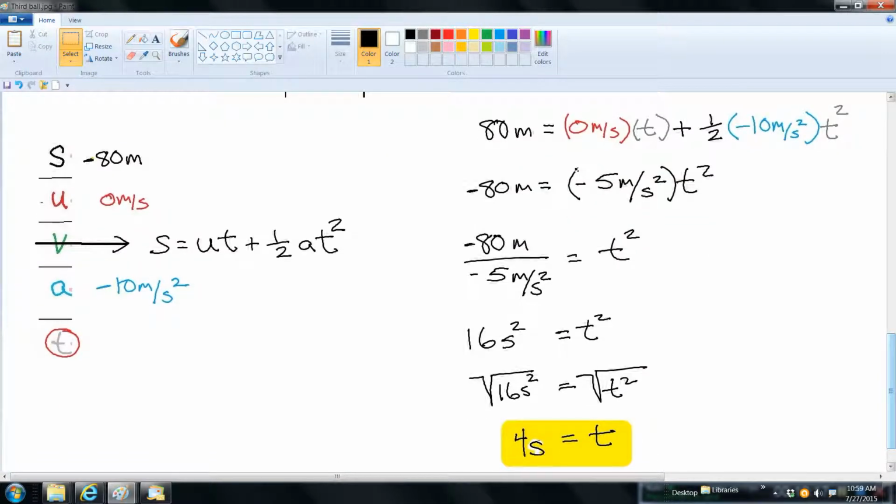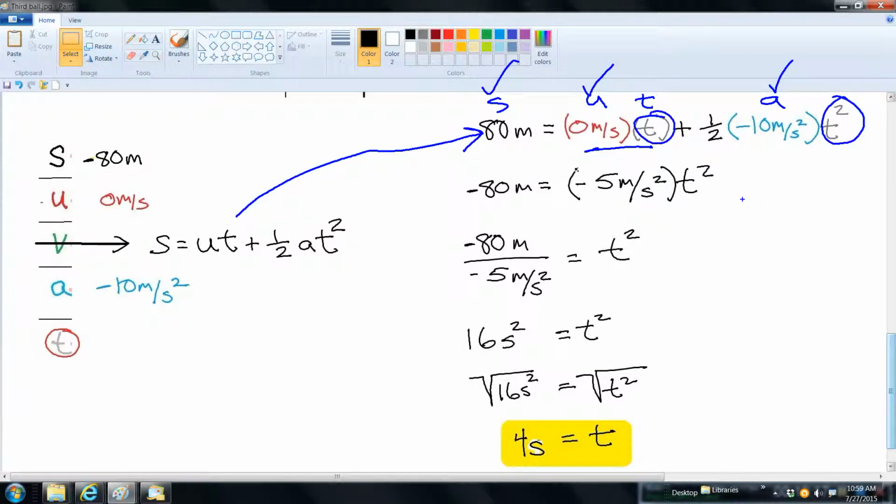And I leave my problems in their pristine form and then rearrange them after I do the math, because sometimes like this you'll see that it makes it easier. So we've got 80 meters, S is equal to U, and T is what we're looking for, and we've got A, we've got that, we've got that, and we've got that, and we're looking for time.